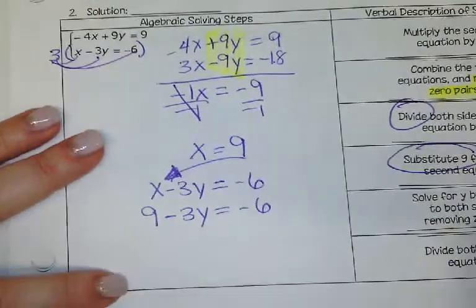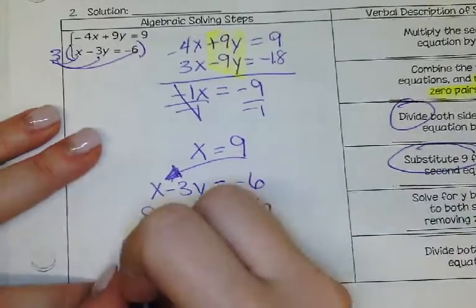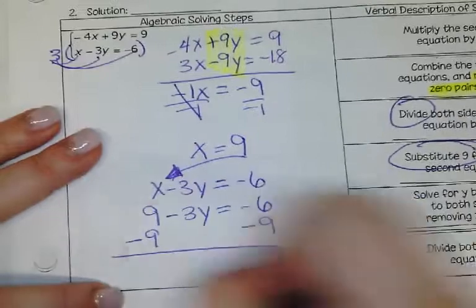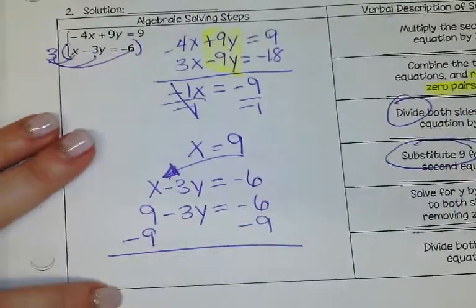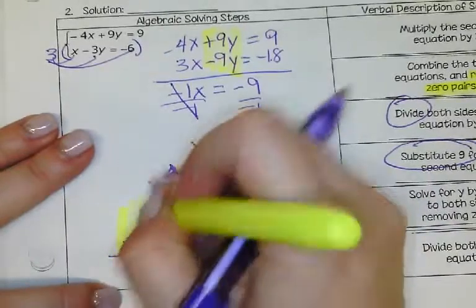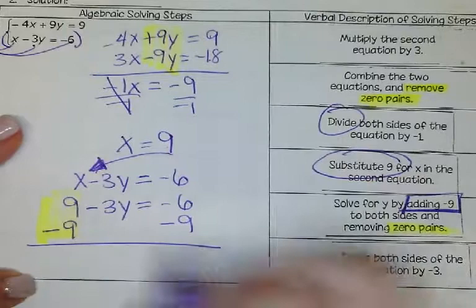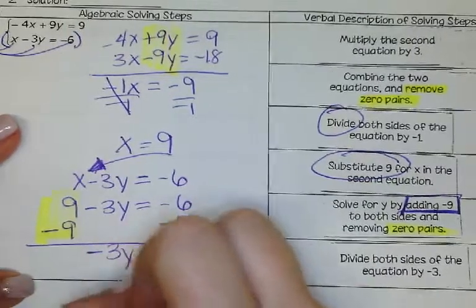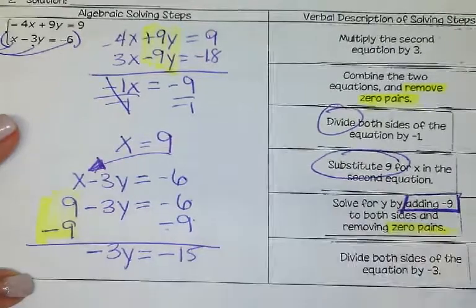And now I solve. I'm going to add -9 because I have to do the opposite. Remove the 0 pairs. So I have -3y equals -6 and -9 makes -15.